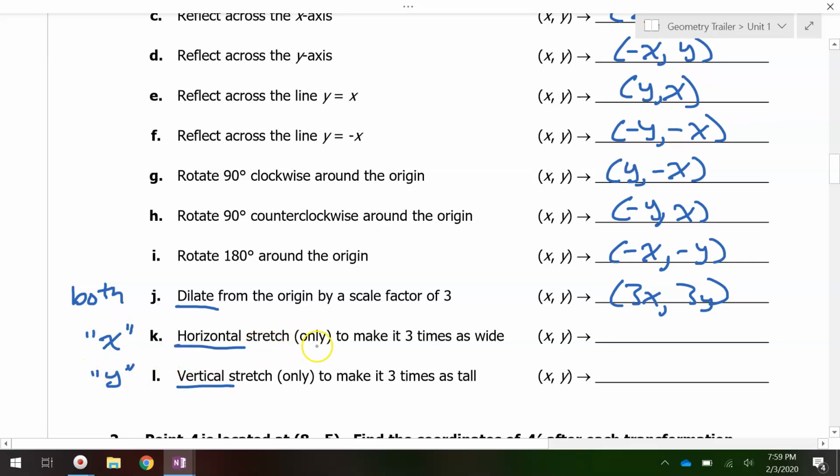So horizontal stretch only. So that would be 3 times x, and the y stays the same. A vertical stretch, that makes it 3 times as tall, is going to be, the x will stay the same, and we'll multiply 3 times the y value. So again, x is horizontal, y is vertical.